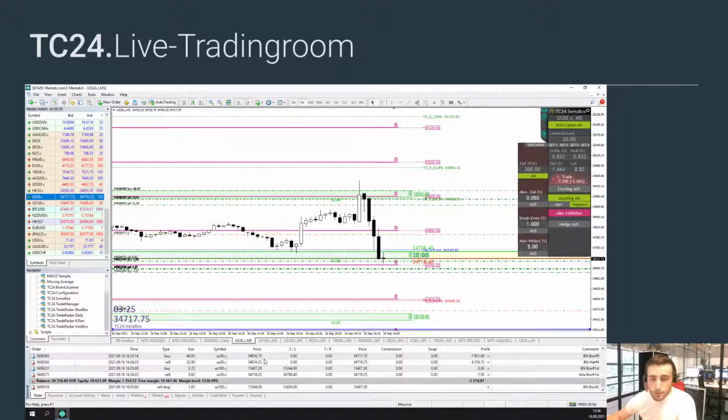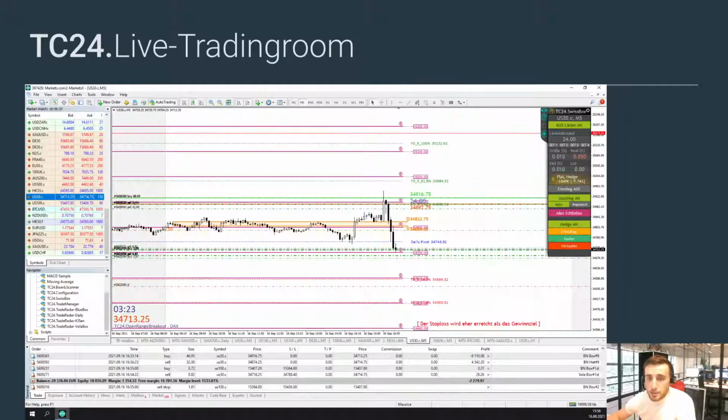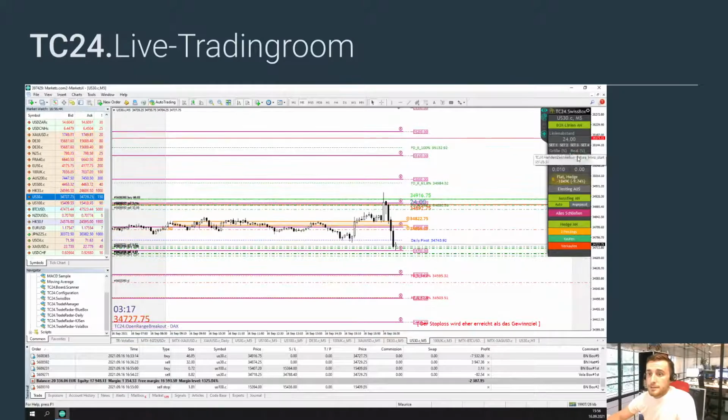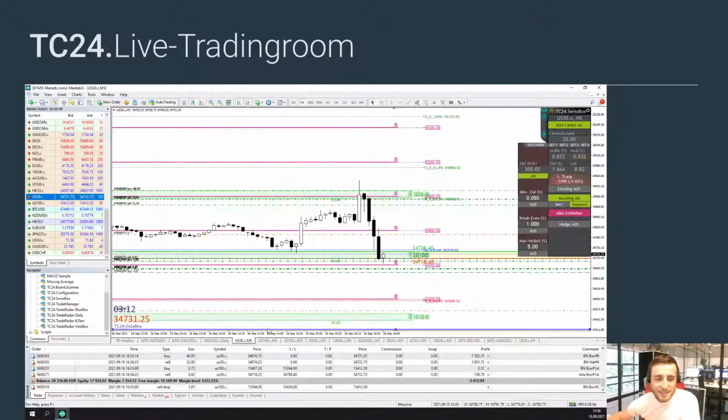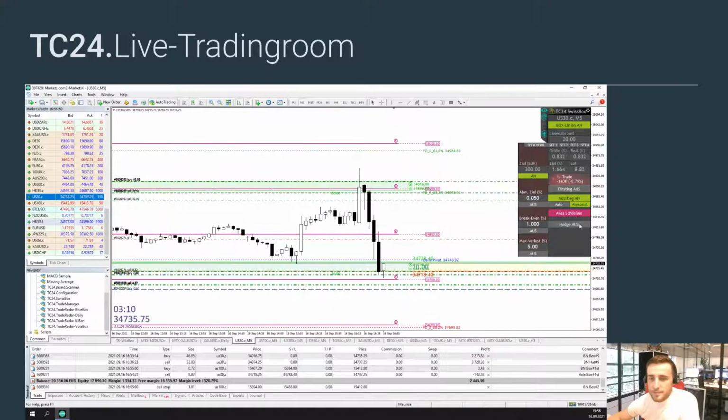So lesson learned from today, always check your boxes before trading them. Otherwise, I mean, I hate these settings. Retest on the daily pivot before.